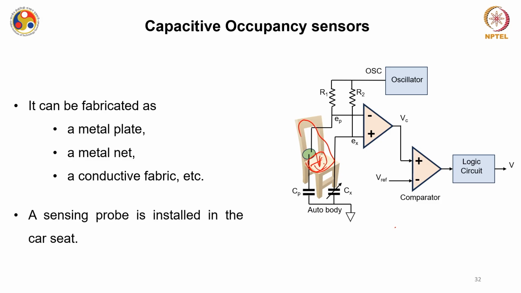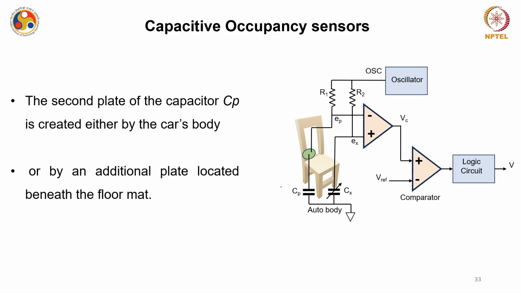So a sensing probe is installed in this car seat. This constitutes one plate of a capacitor. I am talking about a parallel plate capacitor, so this constitutes a single plate of the capacitor.